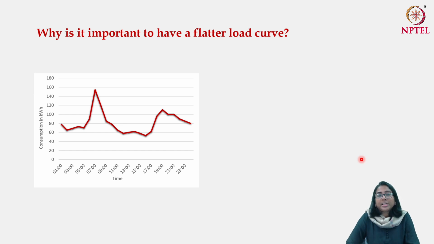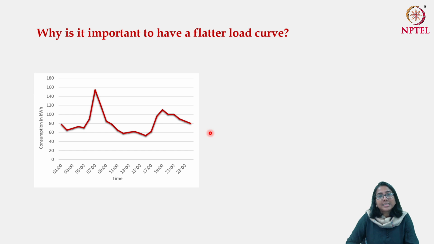Next, the point that we are going to discuss: why is it so important to have a flatter load curve, where you have less difference between the peak hour demand and the off-peak hour demand. You will later see that this is one of the main objectives of load management.